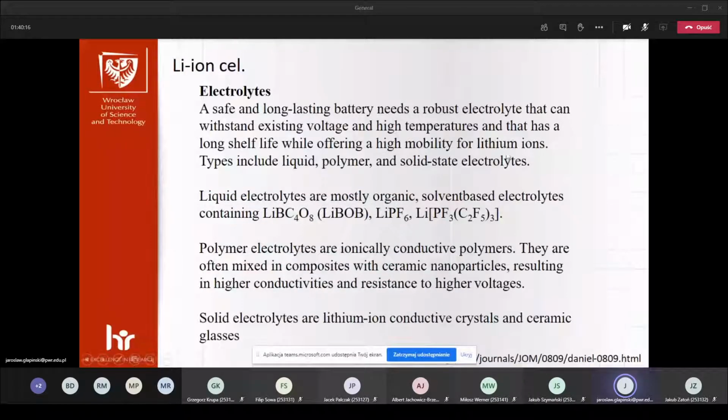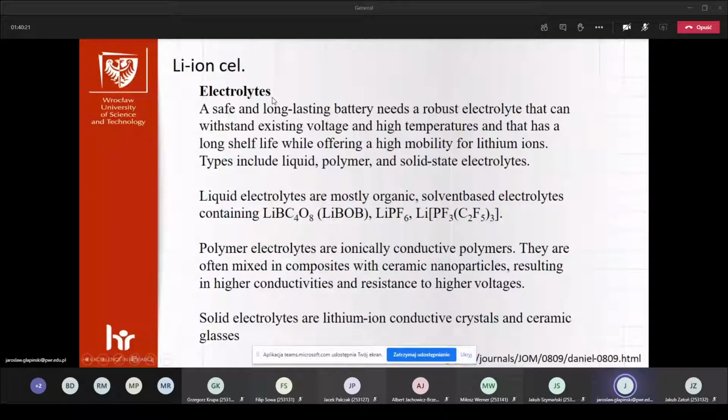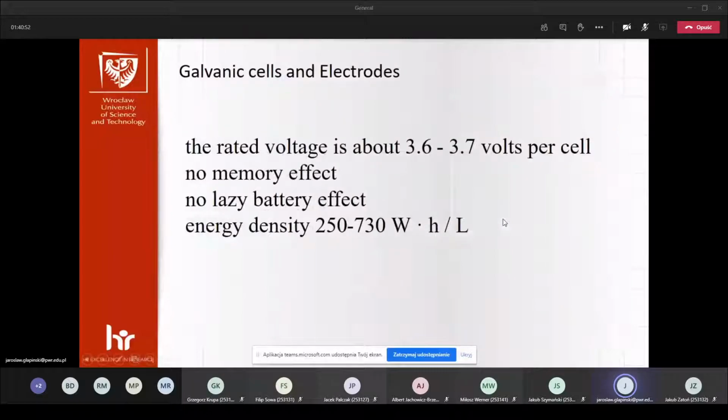Okay, so of course they use very complicated electrolytes inside because we want to have long-lasting properties to store the ions on one side. So they must use a very complicated electrolyte inside. And this is the reaction that happens inside the batteries. Okay, if someone wants to study it, they can, but never mind.